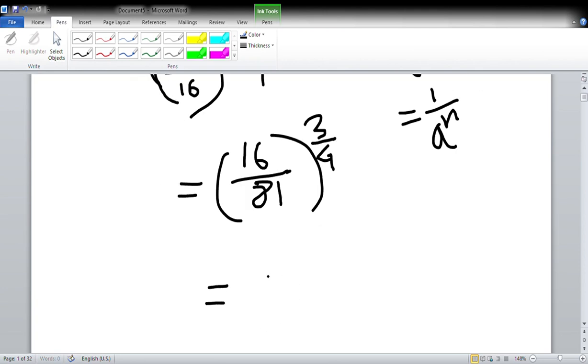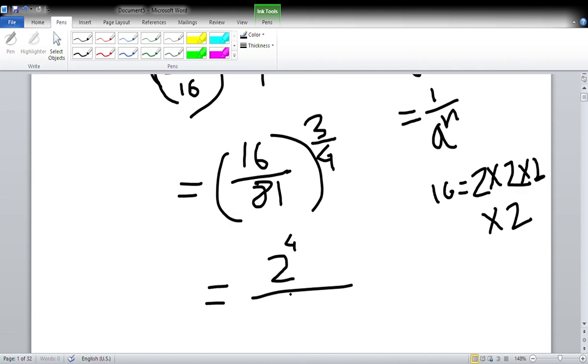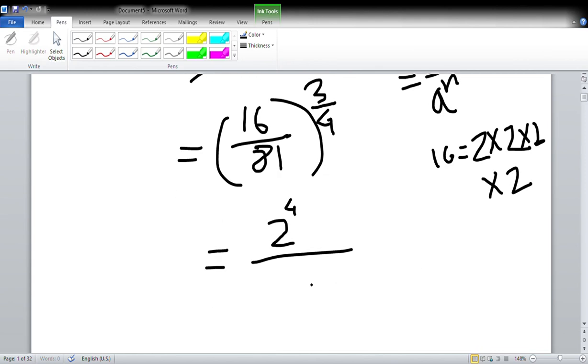So what is 16? 16 you can simply write as 2 to the power 4. Why 2 to the power 4? Simple thing: 2, 2 is 4, 4 times 2 is 8, another 2 is 16. That means 2 to the power 4 is equal to 16. And 81, how does it come? 81 is also 3 to the power 4.